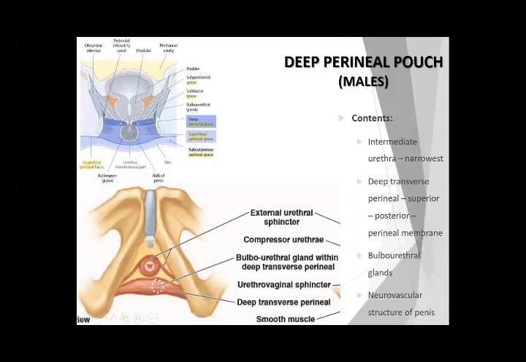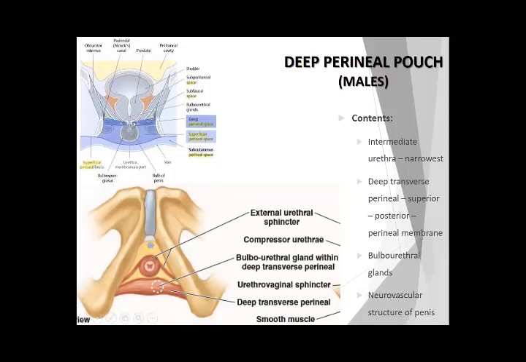And lying deep to the deep transverse perineae muscle, you have this structure, the bulbourethral glands. Okay, look at this here, bulbourethral glands lying in the deep transverse perineae.